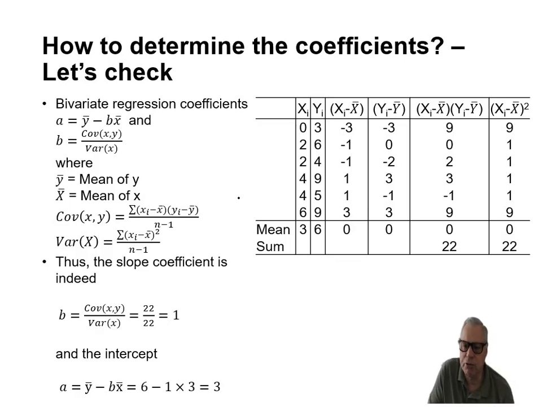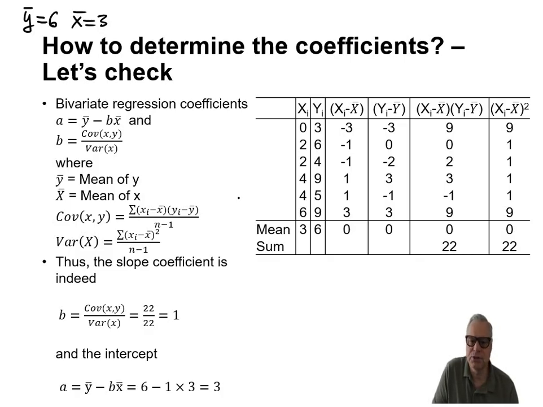So the mean of y is 6 and the mean of x is 3. So we can write, maybe let's put that here, y bar equals 6, x bar equals 3. Okay, we don't know b.